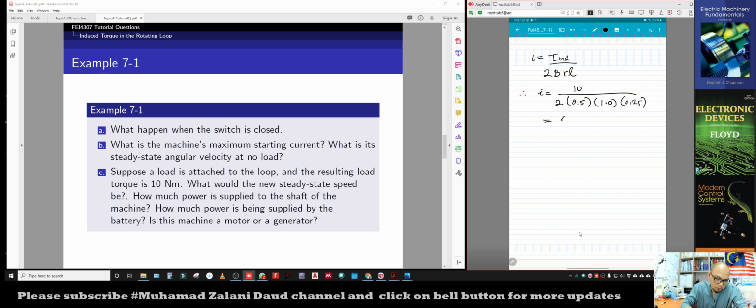So current is now 40 amps. So we have just determined the current. In this particular case, we know that if this machine is working as a motor, meaning that VB is larger than induced voltage.